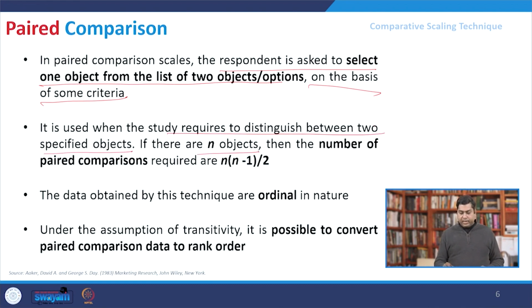If there are n objects available to pick from, then the total number of paired comparisons should be n multiplied by n minus 1, divided by 2.